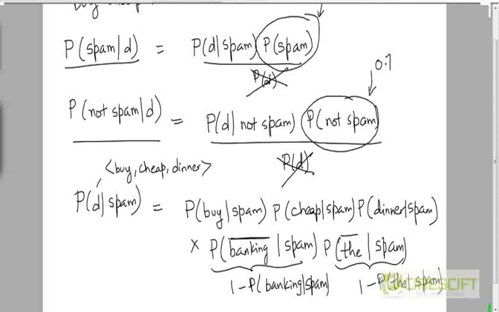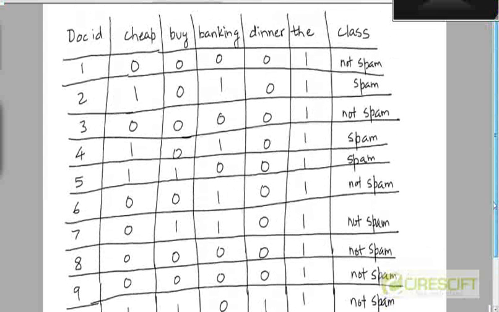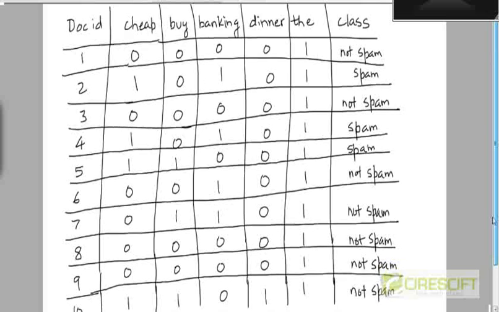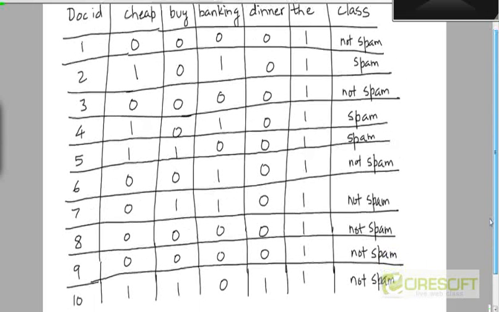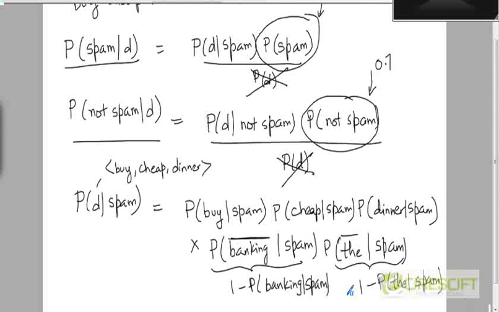Now it turns out that if you look at this table, the appears in every single document, right? So the probability of seeing the word the is 1 irrespective of whether you look at a random document from the spam class or the not spam class. And so this value would be 0.